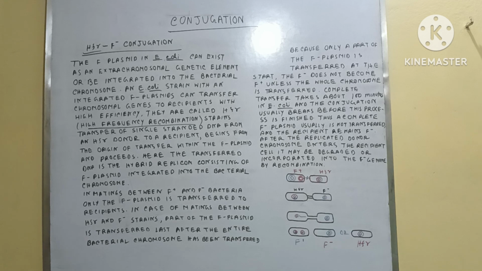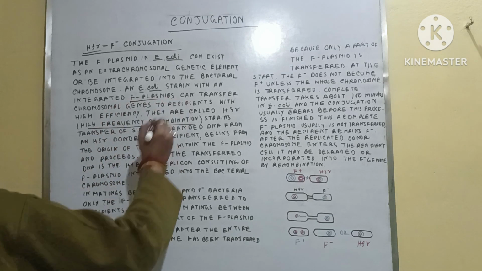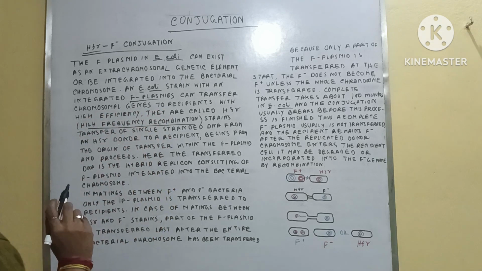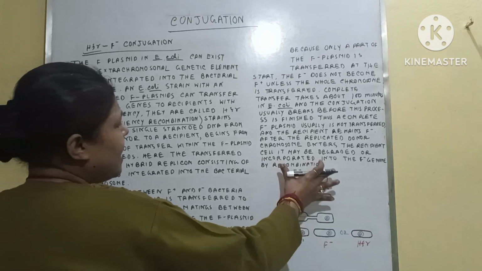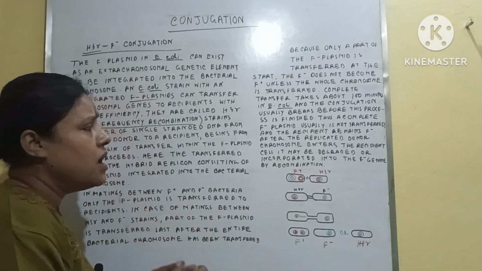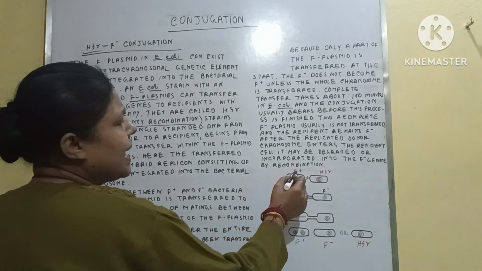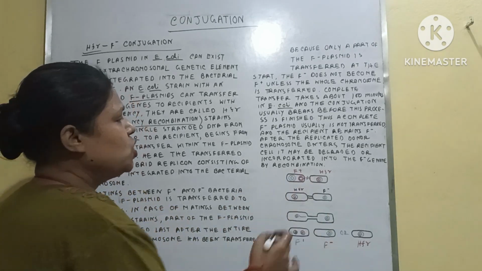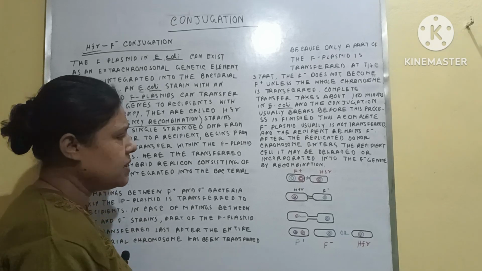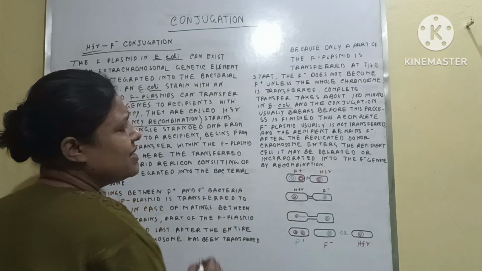So here the process occurs between the F minus bacteria and the HFR strain. This is the rough sketch. First, just see what happens when F plus is converted to HFR. This is the plasmid or the F factor, and this is the chromosomal DNA.